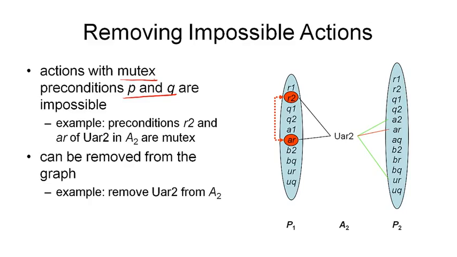In this example here, we have the action UAR2, and it has two preconditions, R2 and AR, and they are mutually exclusive. That, of course, means that we can never execute that action UAR2 in that action layer. And what we do in this case is simply remove the node that represents that action and all its edges from our planning graph.